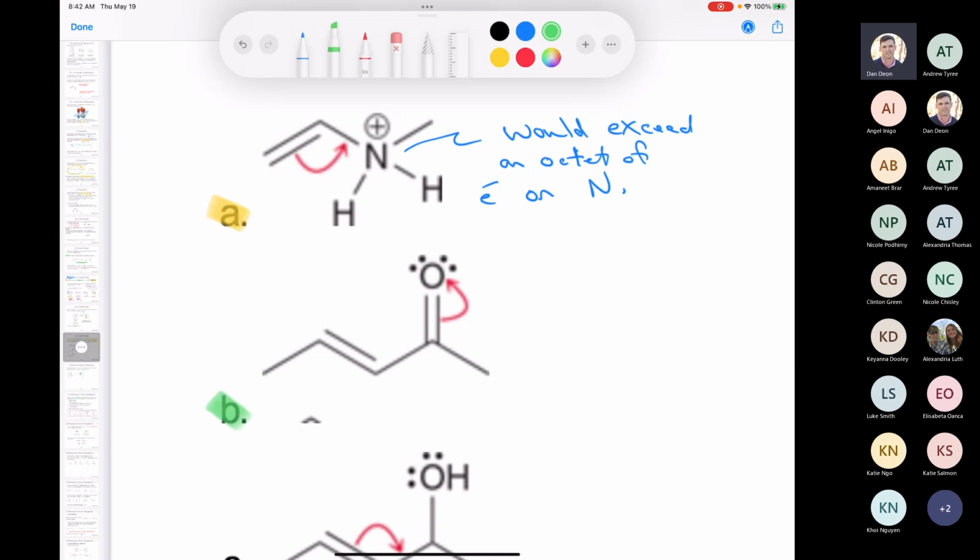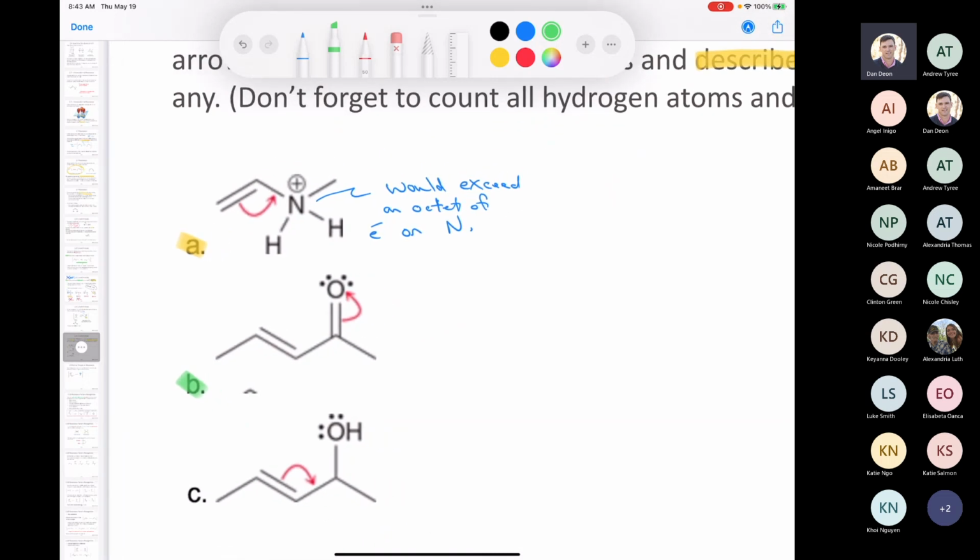So that's great. What about B? Any violations here? This curved arrow? Yay, nay? And go back into the chat here. Yeah, Andrew, I think you're completely correct. There's no violation here. And so we could actually draw the other resonance contributor. So let's put a closed bracket here. We'll draw a resonance arrow.